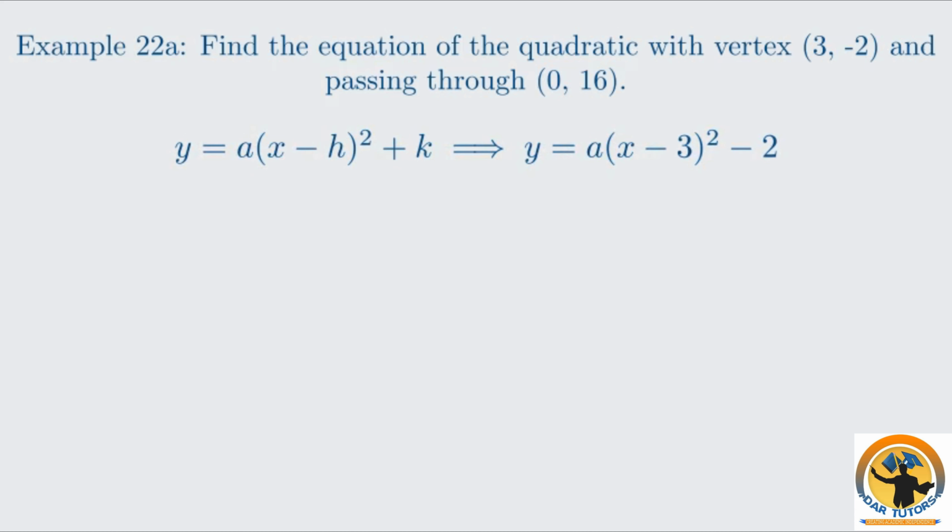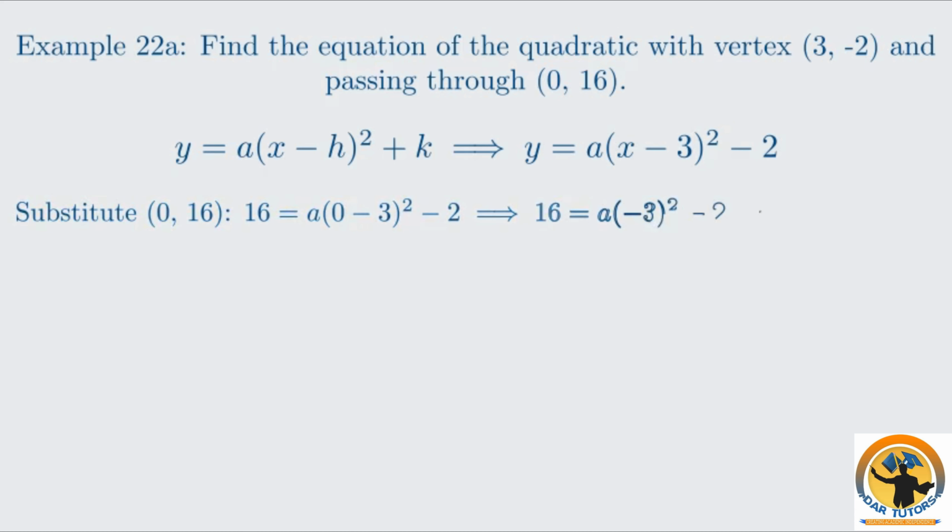Now we need to find a. We use the other piece of information. The graph passes through the point (0, 16). Substitute x equals 0 and y equals 16 into our equation. We get 16 equals a times negative 3 squared minus 2. This simplifies to 16 equals 9a minus 2.